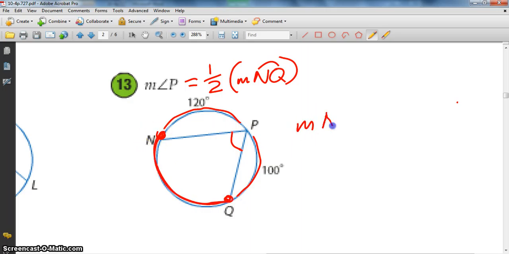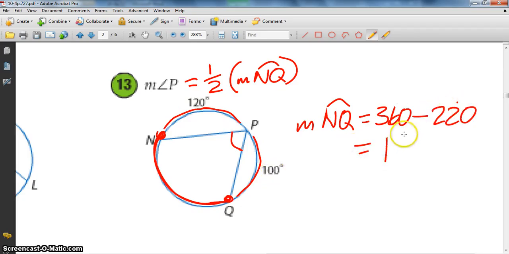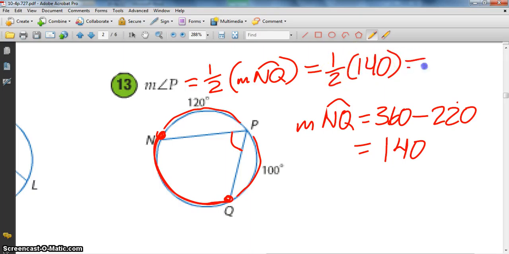So the measure of NQ is equal to 360 minus, let's see, 120 and 100, so 220, which would be 140. And we're going to substitute that in up here. So we're going to take half of 140, and final answer is 70 degrees.